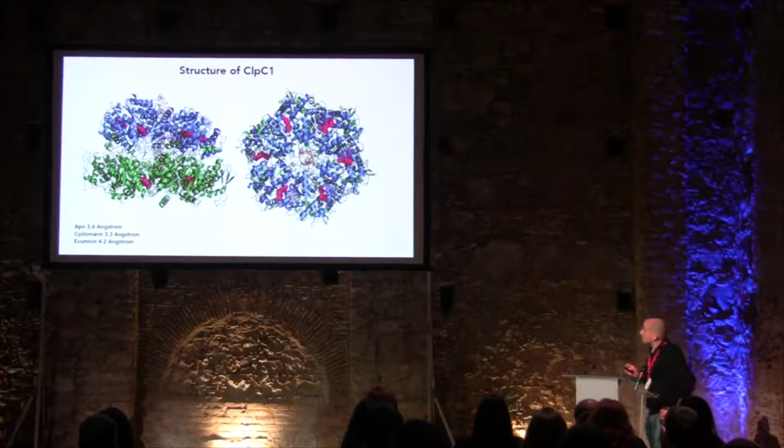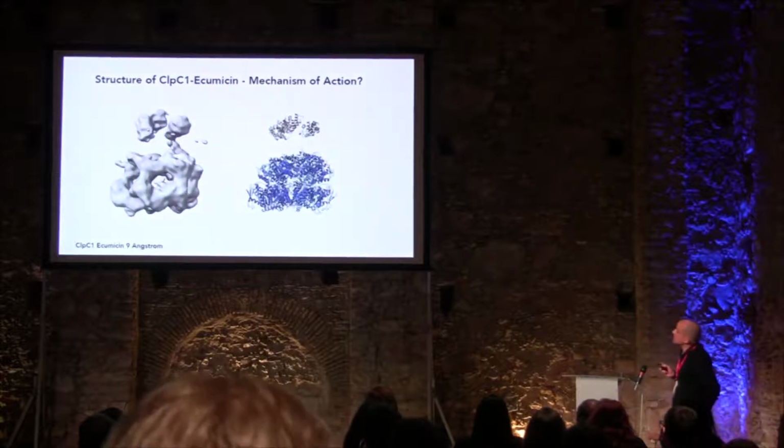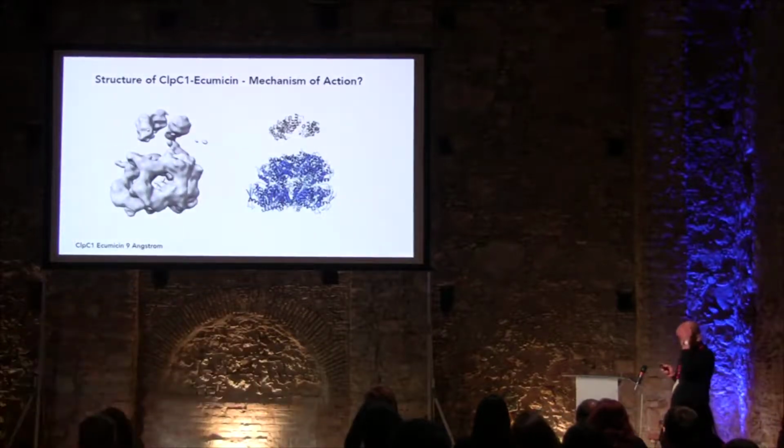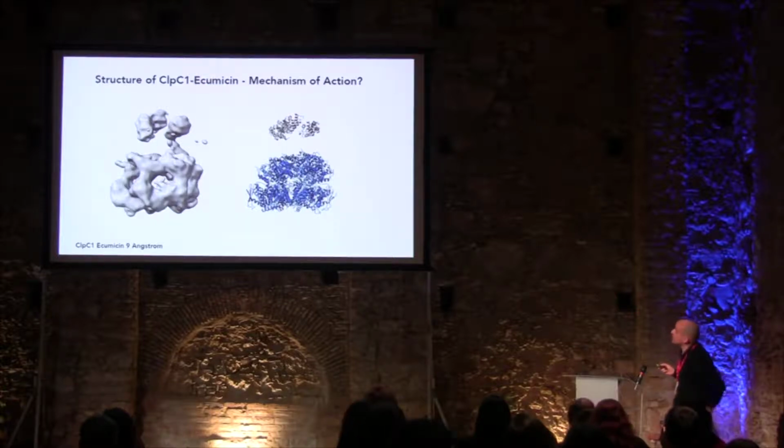One thing I would like to talk about very briefly, because it's still ongoing, is some of the particles with ecumicin. It's one of the antibiotics. We do see the NTDs, at least in some of the particles. There's electron density here, so we are still working on it. So we think for ecumicin, the antibiotic, we may have a more complete picture of our machine.